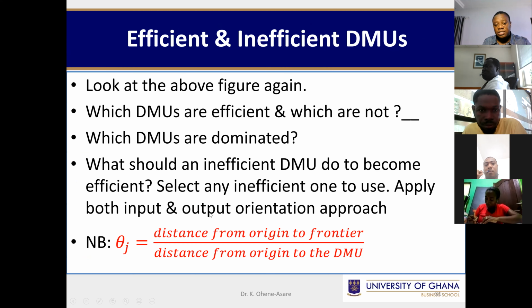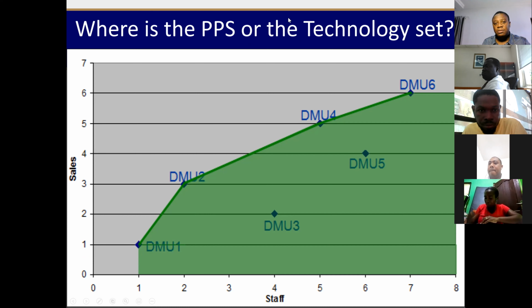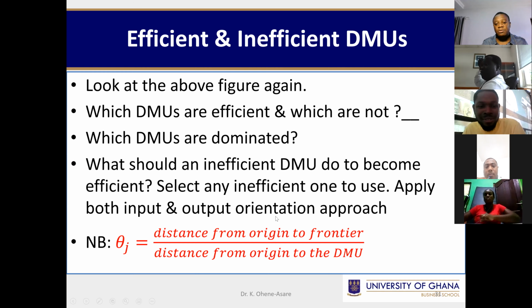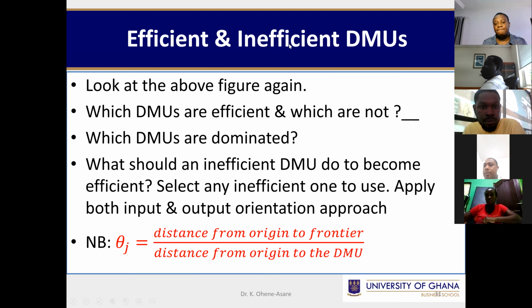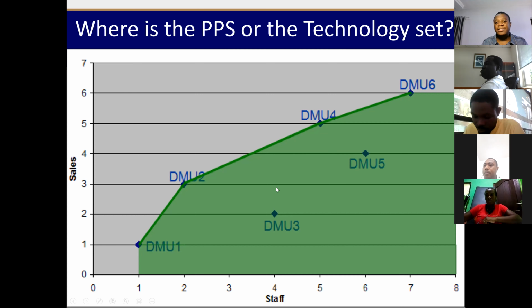So we want to find the input efficiency of this DMU called 3.